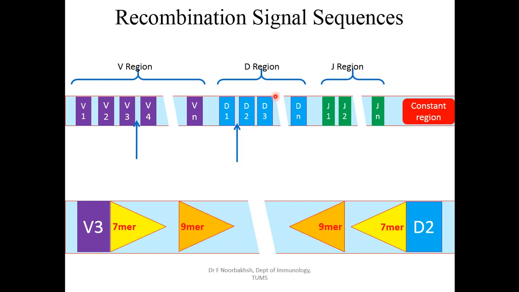And these are called recombination signal sequences. These are parts which tell the recombinases where to cut and where not to cut. So a recombinase always looks for these 7-mers and 9-mers on the left side, and then 7-mers and 9-mers on the right side, and then brings them together, cuts the region in between, and then attaches or joins the parts on the outside.